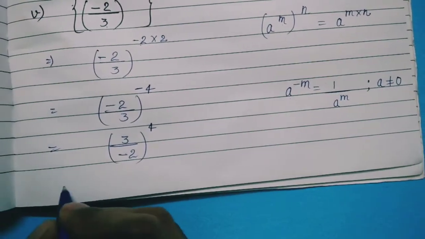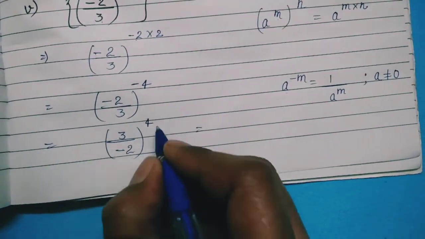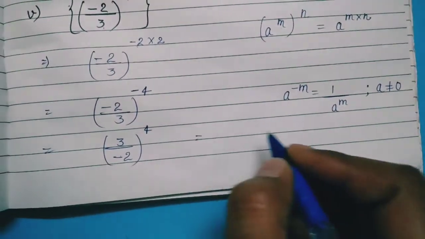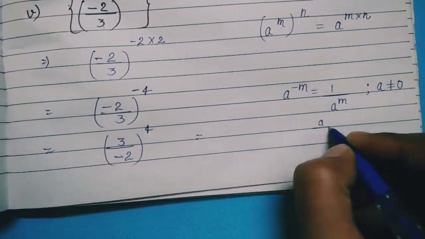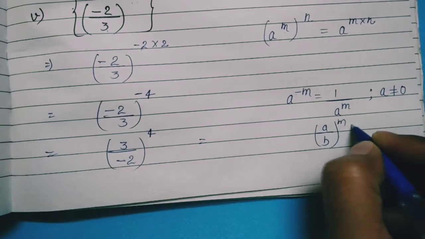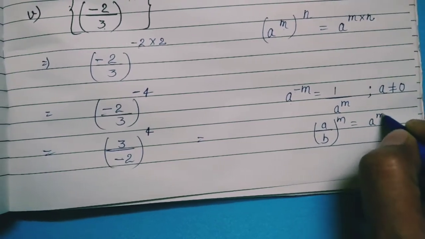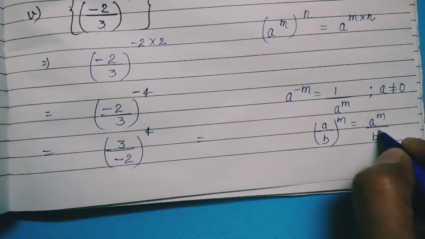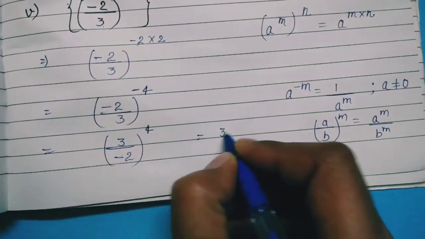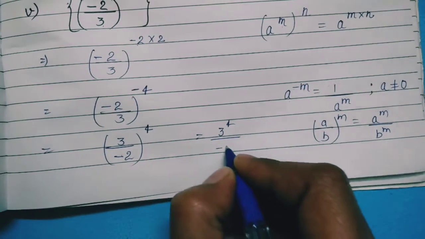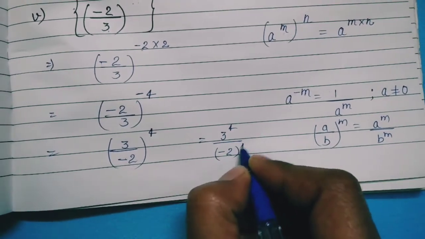Now we changed. Now 3 raised to the power 4, by the identity (a by b) whole power is m, so m will go near to each one of them in this form. So this 4 firstly goes near to 3, then it will go near to 2.